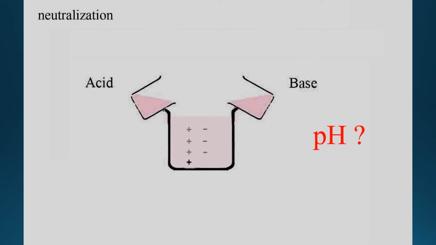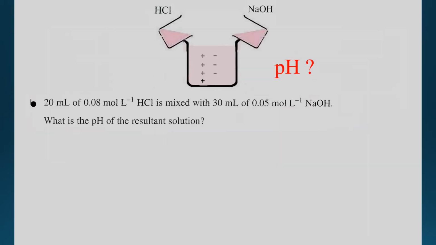In other words, what is the concentration of H plus ion now after this neutralizing? Now I teach you how to do it. Let's look at the question. Read the question.